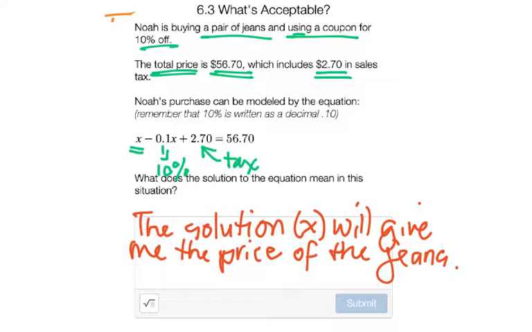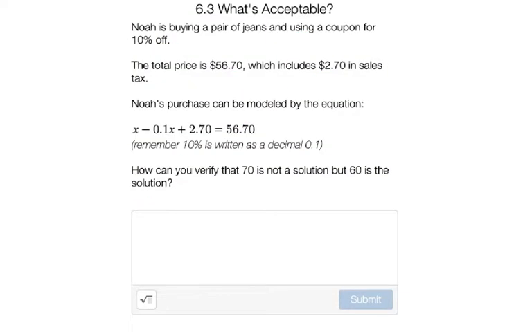And when I do that, my total is $56. Perfect. That is what I've got. Hopefully that made sense. Moving on to the next slide.